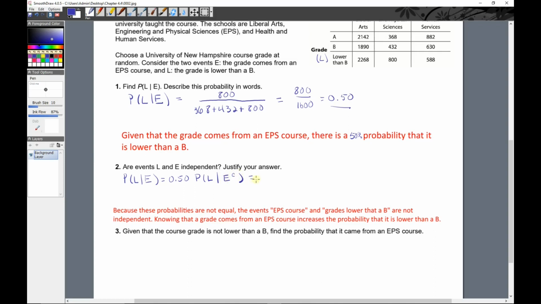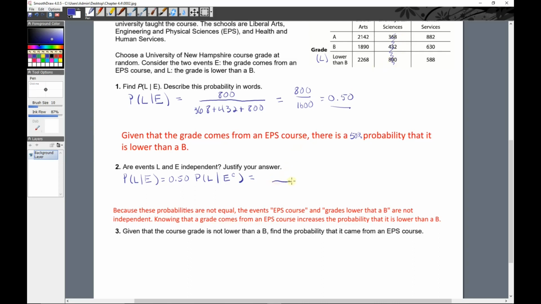Okay, this is going to make things sort of complicated. If it's not coming from an EPS school, this is out, and we're concerning ourselves with all of what I did not strike out. So let's go with the denominator first.